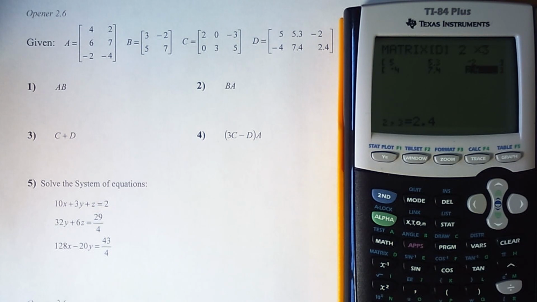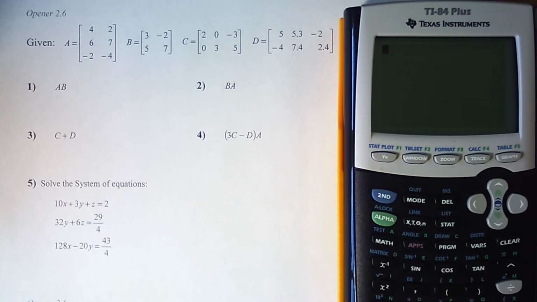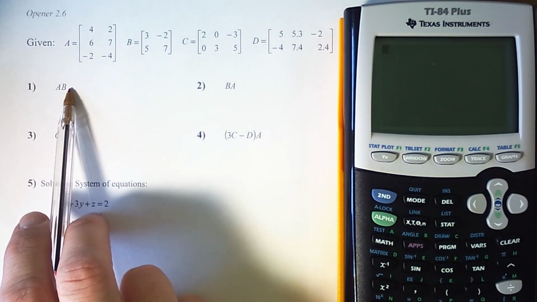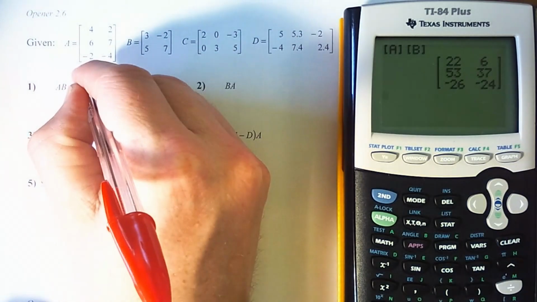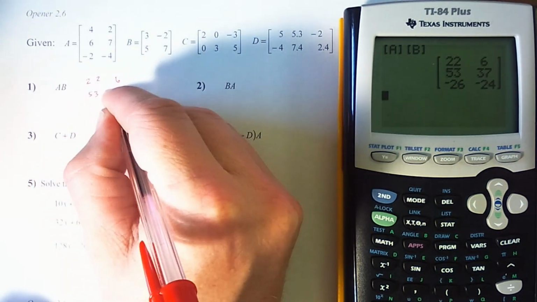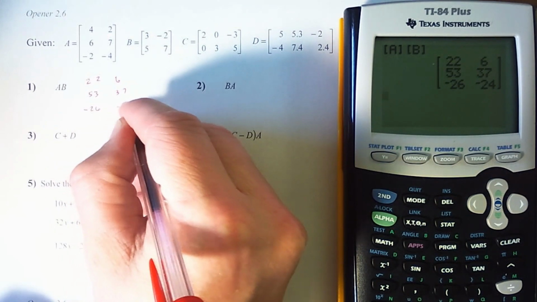Now that my matrices are all entered, I will hit second quit, and I'm out of the matrices, so now I'm going to put in matrix A times matrix B, so that's second matrix A times second matrix B, and it gives me 22, 6, 53, 37, negative 26, negative 24.